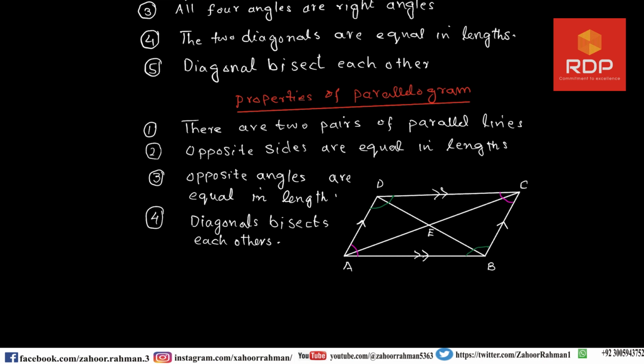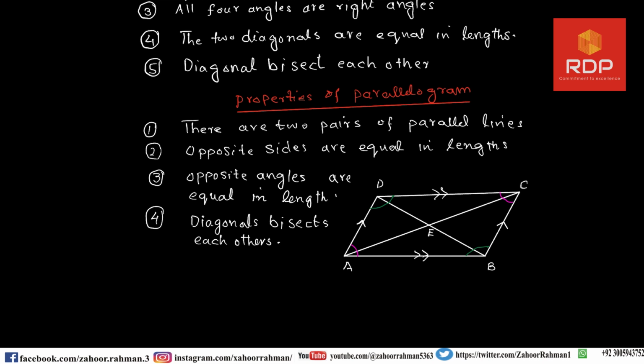The second property, which is also common in both rectangle and parallelogram, is that opposite sides are equal in length. If all the sides are equal in length, then that type of figure is called a rhombus. The third one, which is different from the rectangle, is that opposite angles are equal. Now I specified the angles of a parallelogram with different colors.